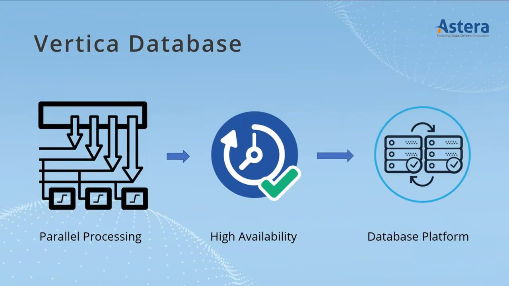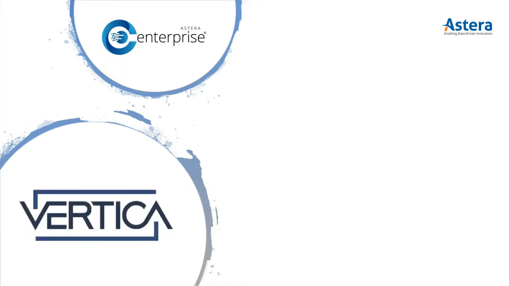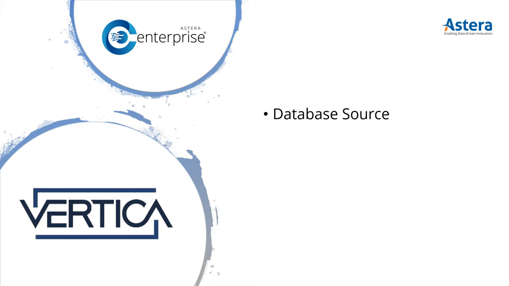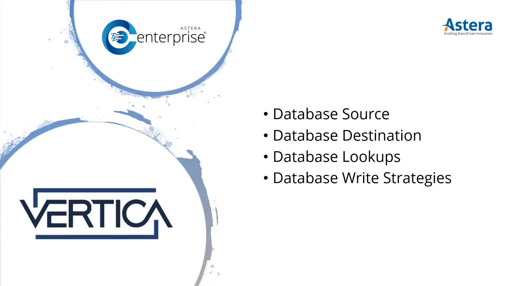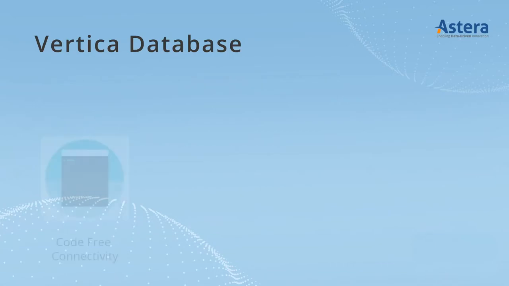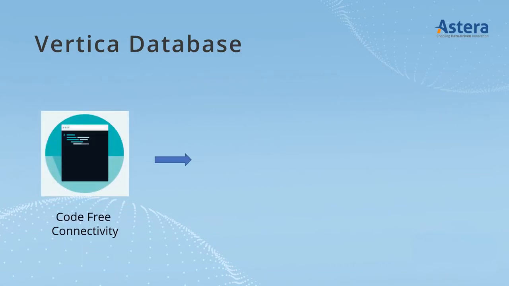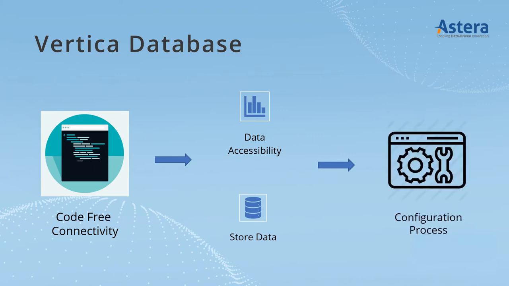Keeping this popularity in view, Astera Centerprise offers native connectivity to Vertica databases through its database objects such as database source and destination, database lookup, and with database write strategies. It offers code-free connectivity to access and store data in Vertica databases without any complicated configuration processes.